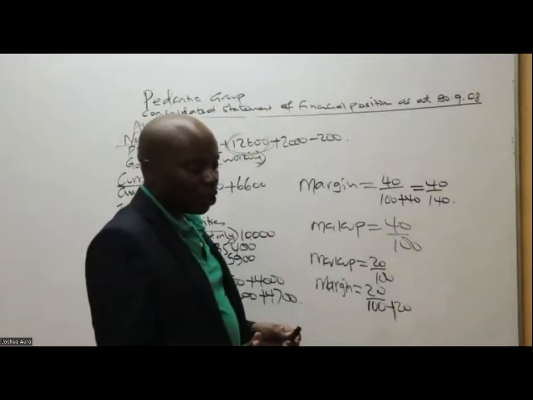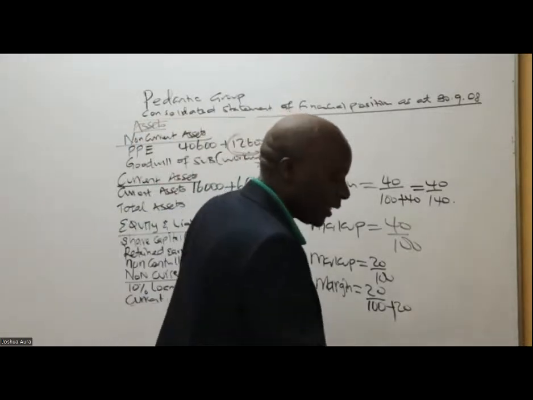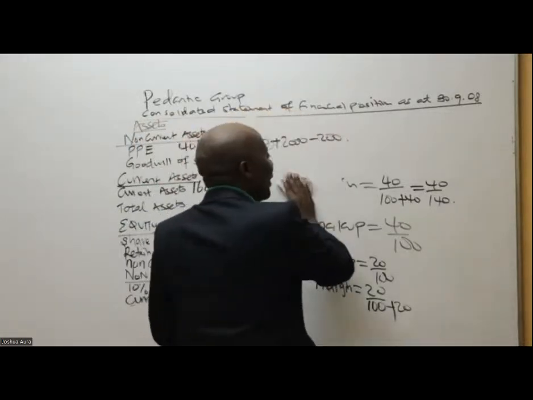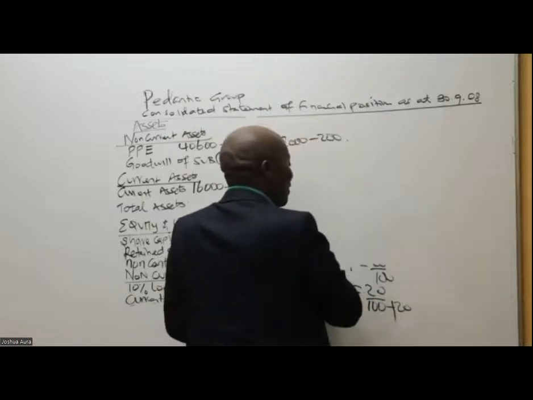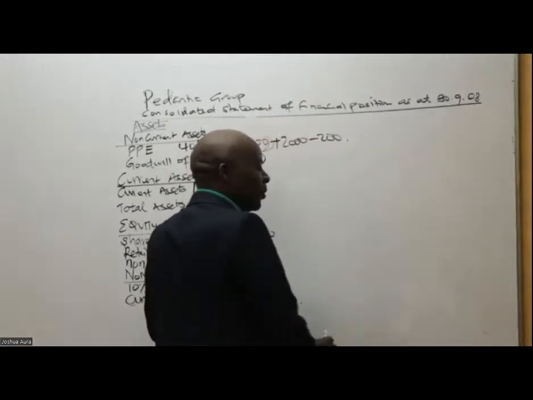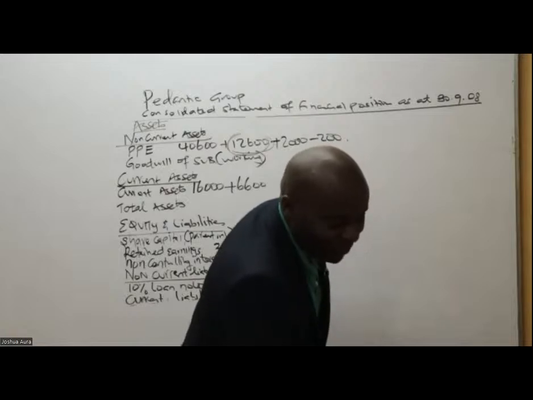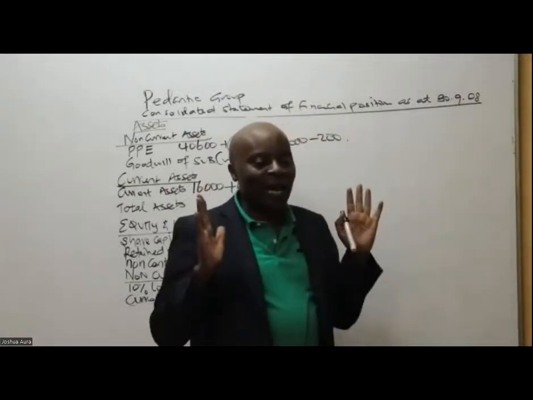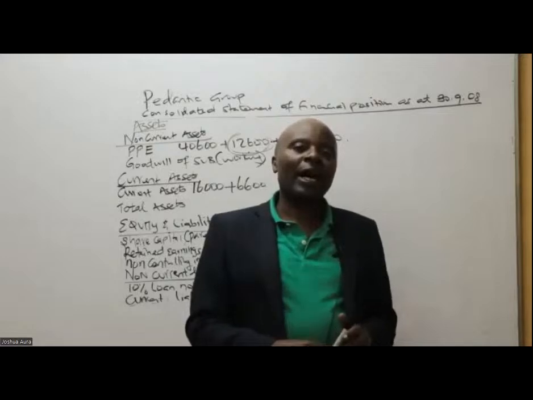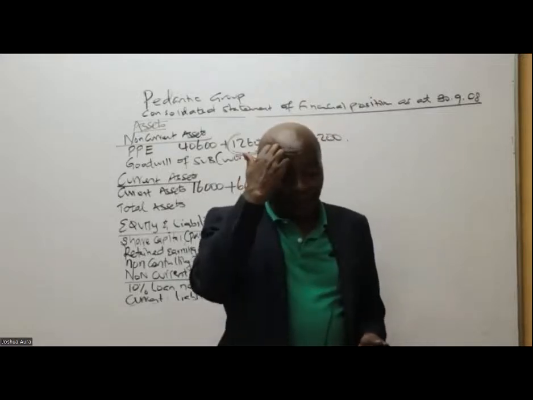Thank you very much. So that is a free mark. Abracadabra, a free mark. This examiner gave me the markup, and I've been able to change it to margin. Thank you very much. Up to there, are we together?